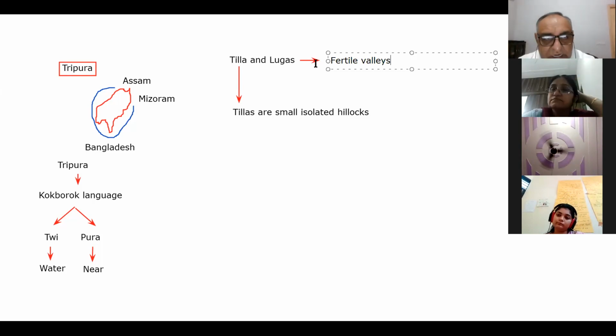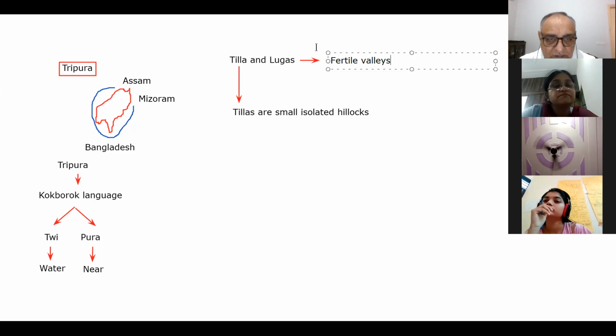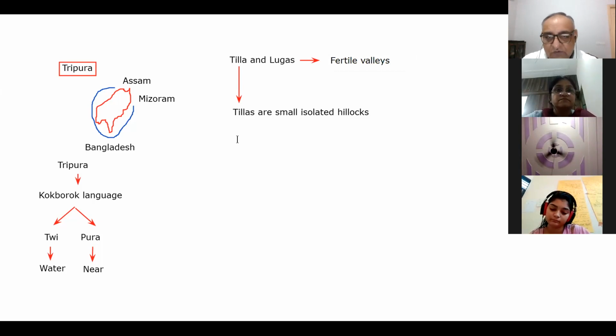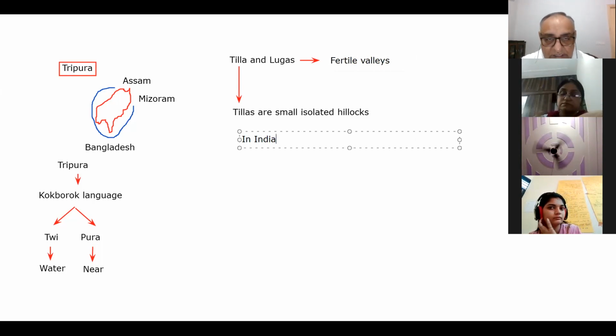In India, Tripura has the highest number of primate species.